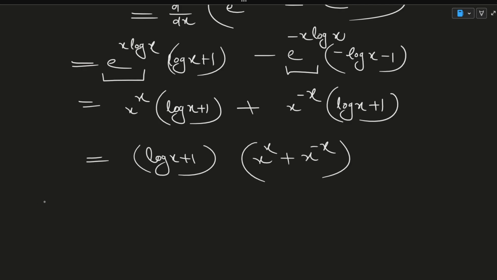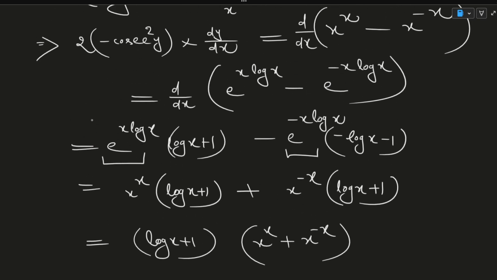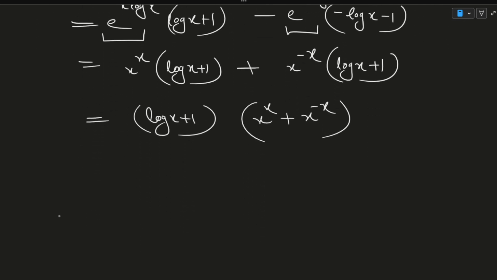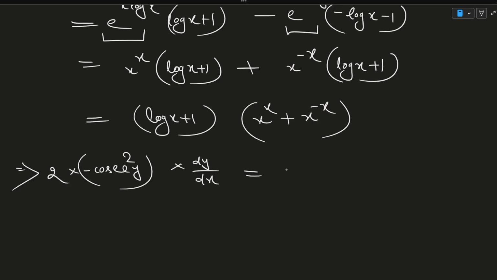Okay, now we'll just see our left hand side, that is 2 into minus cosec square y into dy by dx. So the right hand side is 2 into minus cosec square y into dy by dx is equal to 1 plus log x, x to the power x plus x to the power minus x.